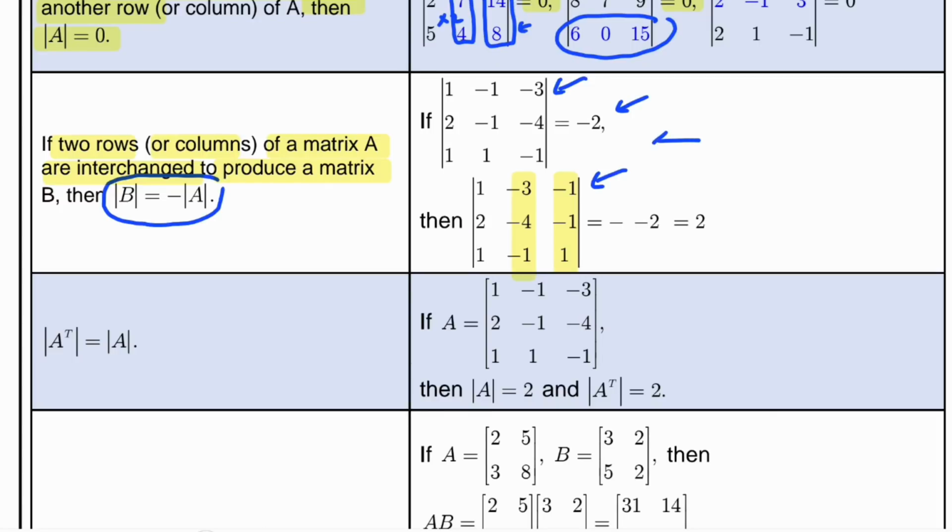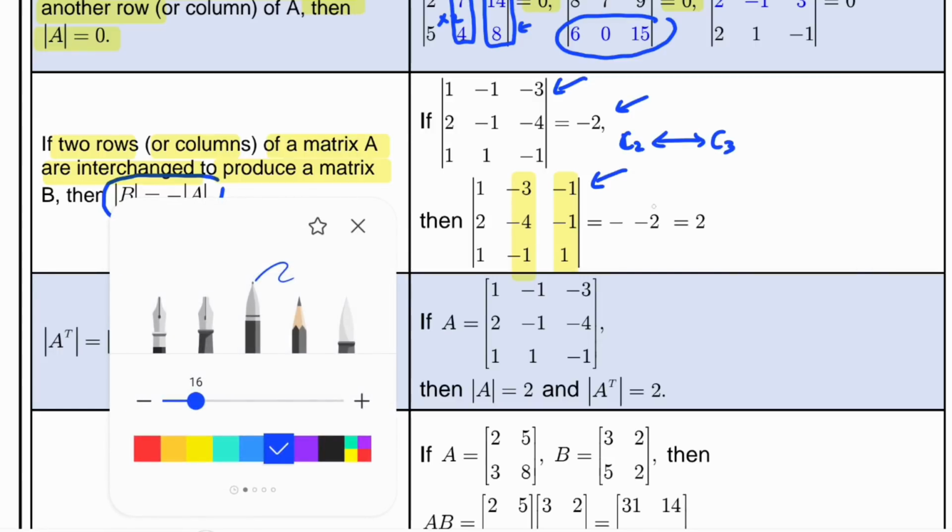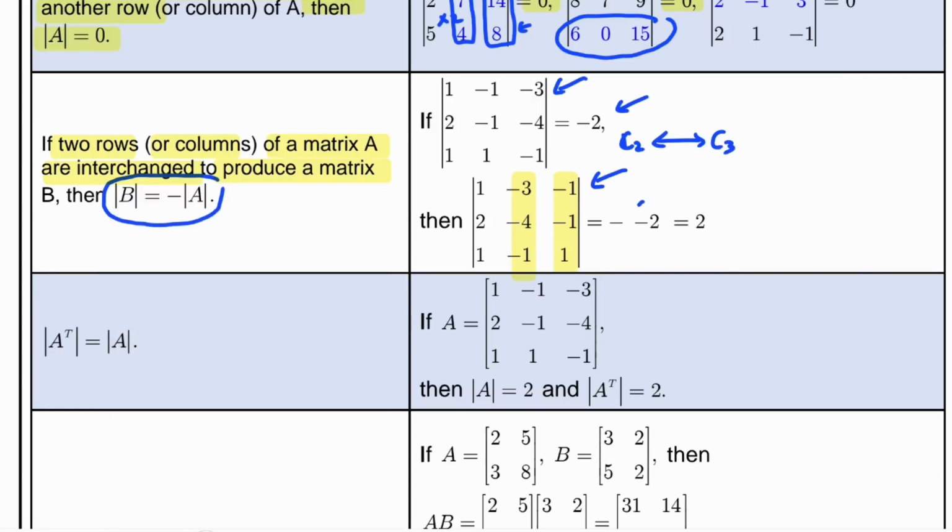So for that case, what happens to the determinant? The original determinant needs to be multiplied by negative 1. So that will give you 2.